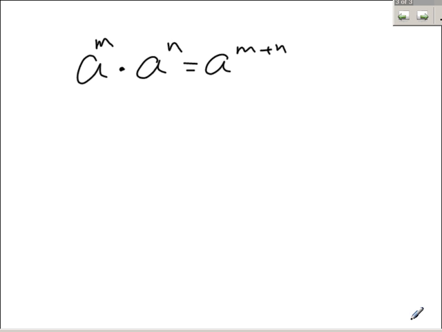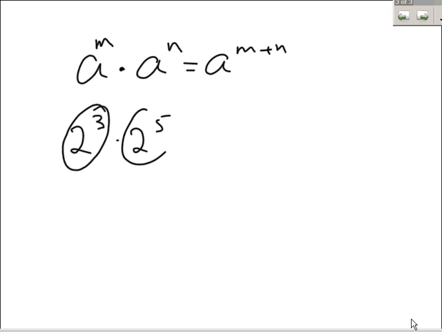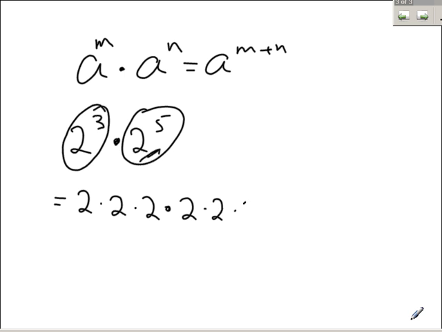And I want it to be natural. Like if you have 2 cubed times 2 to the 5th. This is not 2 times 2, because that's not 2 and that's not 2. 2 cubed means 2 times 2 times 2, times 2 to the 5th. Well, that means 2 times 2, 5 times.